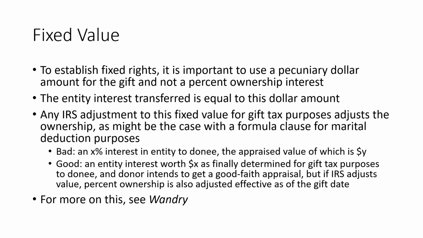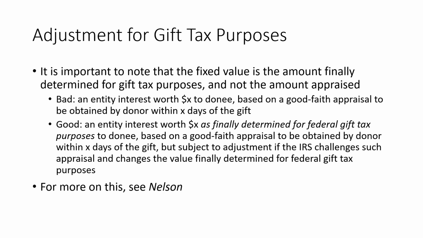So for more on this, you can see the Wandry case, which I cited as the gold standard for this wording. Ultimately, you're looking at this the same as maybe an estate tax clause that would use a formula for determining the marital deduction, or even the charitable deduction for that matter.